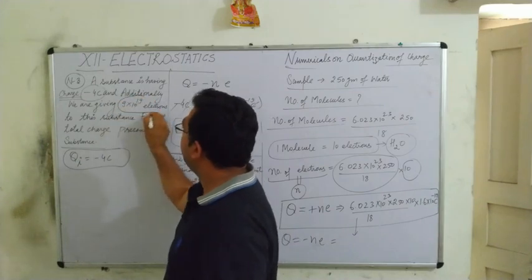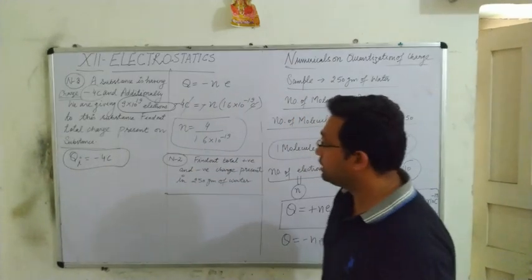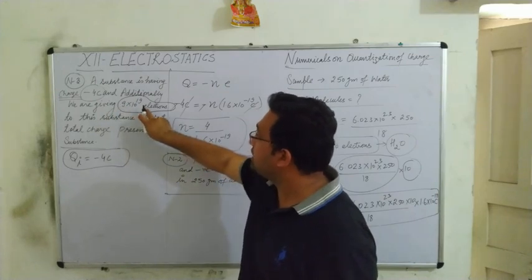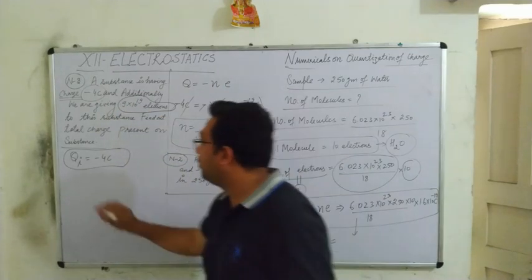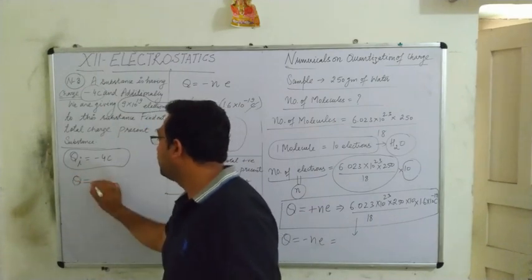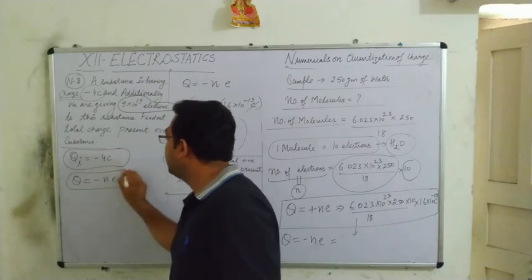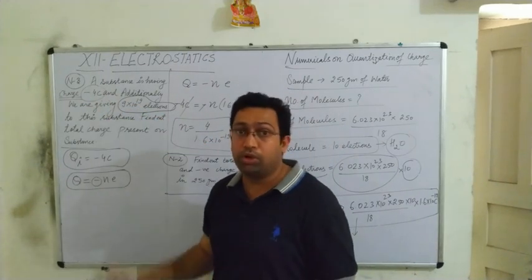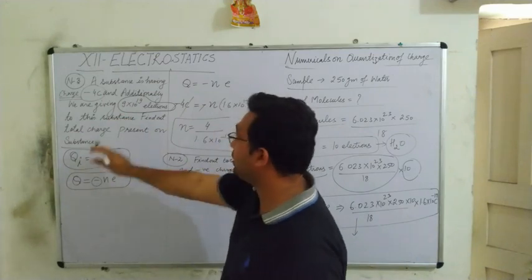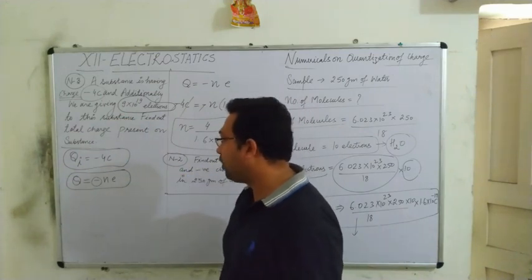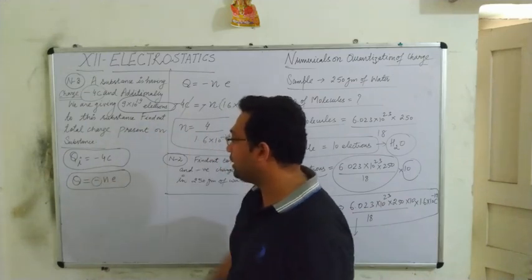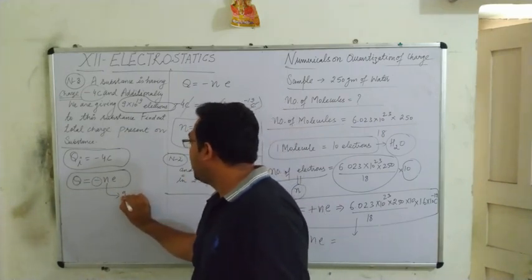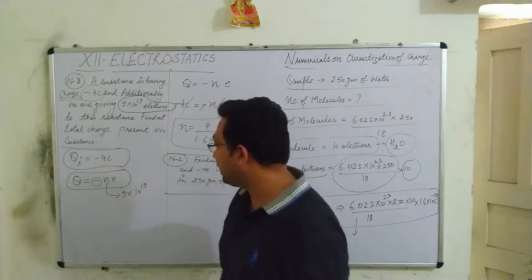Now what amount of charge will be given by these number of electrons we have to find out. Now apply the formula Q equal to minus Ne. Why did we use the minus sign? Because we are donating electrons to the substance, so if the substance gains electrons, the minus sign will come on it, and for the minus sign we have to apply the formula Q equal to minus Ne. Now the number of electrons we have given is 9 into 10 power 19.